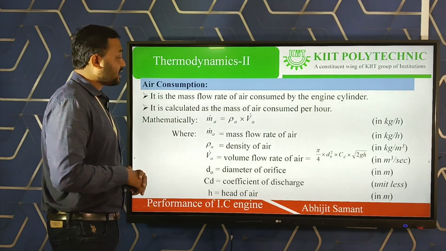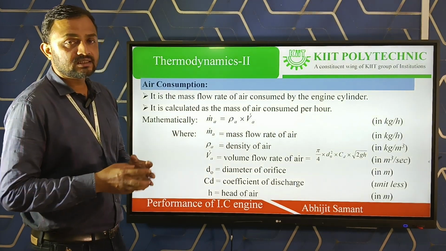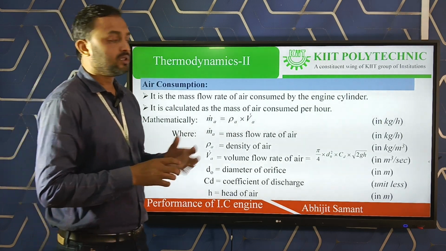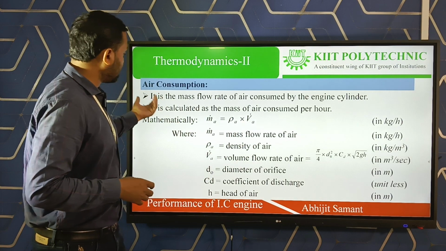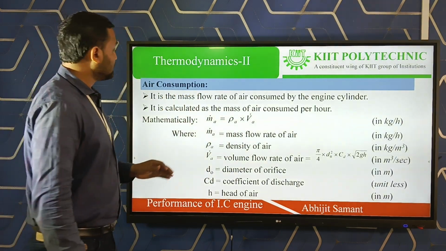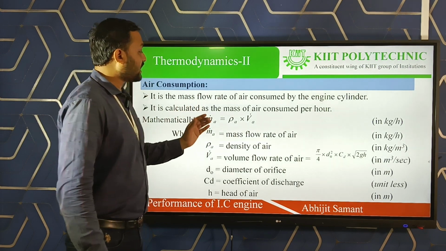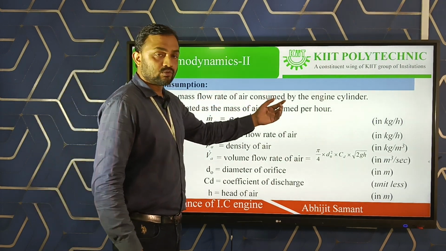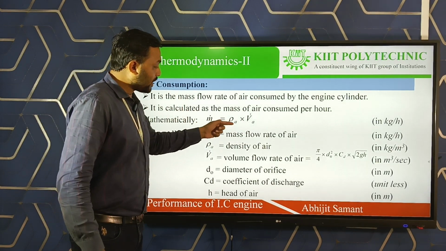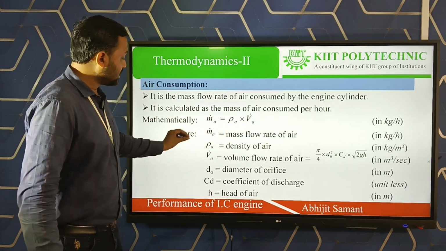Next one is your air consumption. How much air is consumed during the formation of your power. It is the mass flow rate of the air consumed by the engine cylinder. It is calculated as the mass of the air consumed per hour. Mathematically, it is determined by rho a into v dot a. What is rho a?